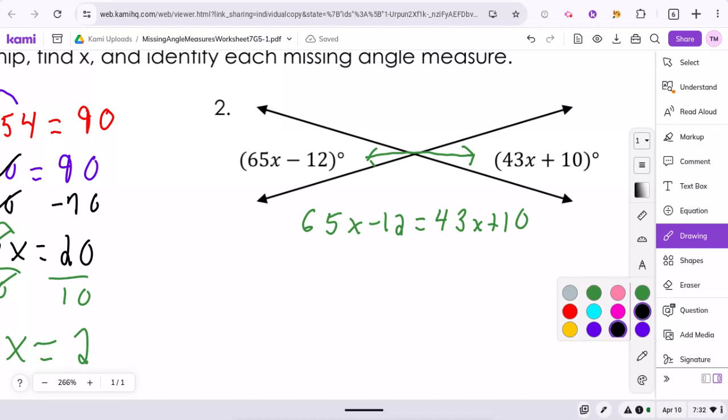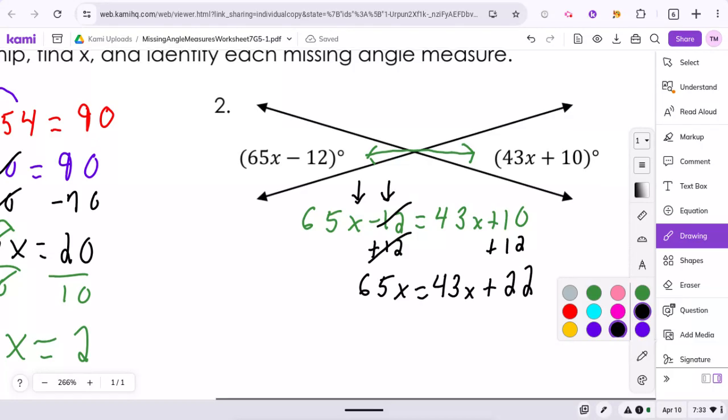So then from there, you want to get the variable isolated. I would start by getting rid of this minus 12. So add 12 on this side, add 12 on this side. So those would cancel. You'd have 65x equals 43x, and then 10 plus 12, 22.